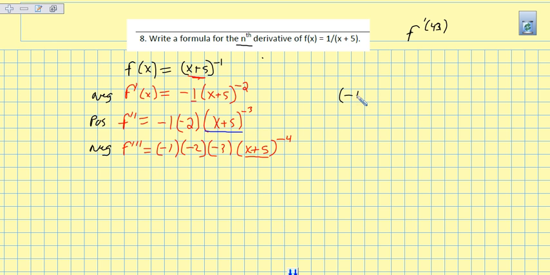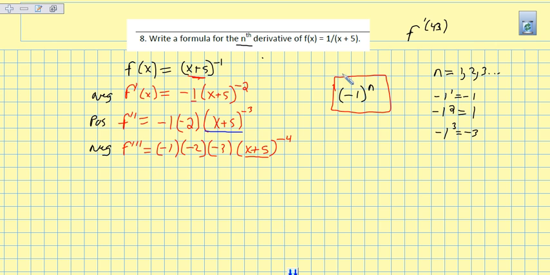Well, if we take -1 and raise it to the nth power, and n is equal to numbers like 1, 2, 3, right? So if you plug in 1, you get -1 raised to the first power, which is -1. If n is equal to 2, negative times negative is positive. -1 raised to the third gives us our negative. So that takes care of the rule for alternating between positive and negative.